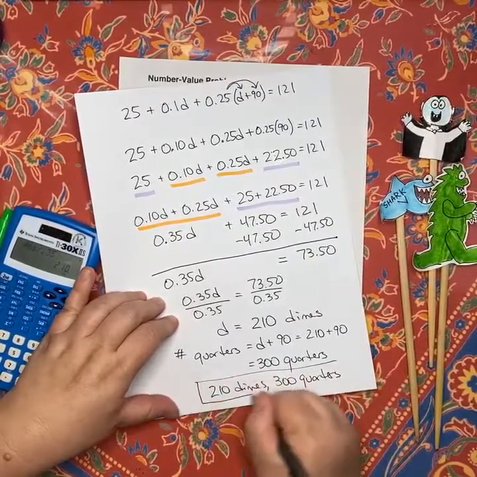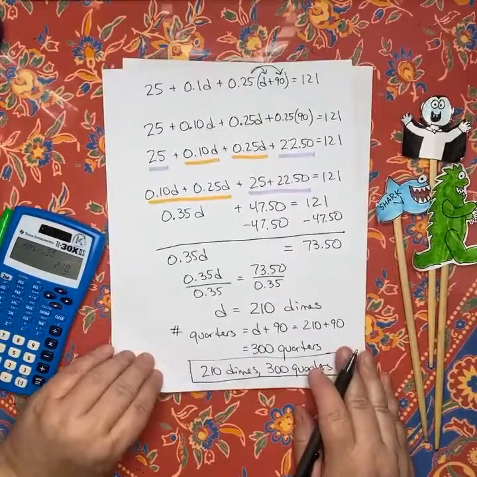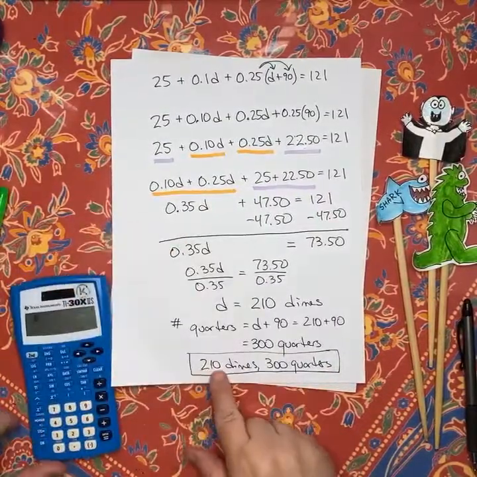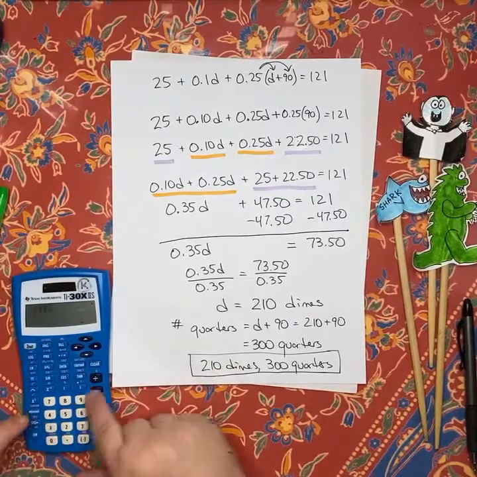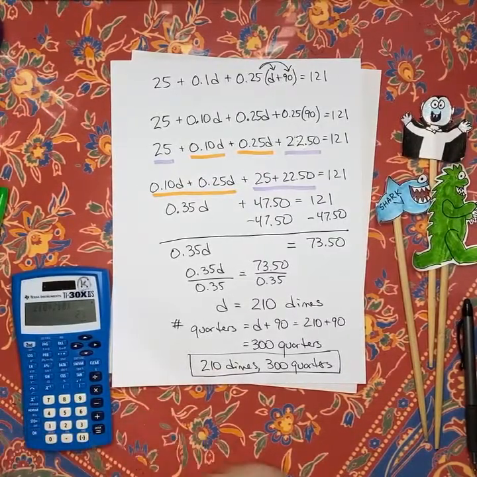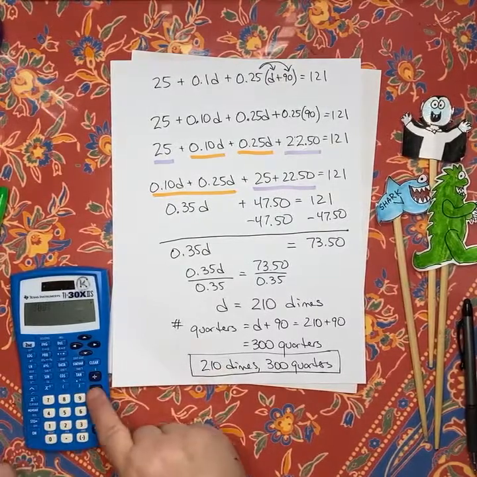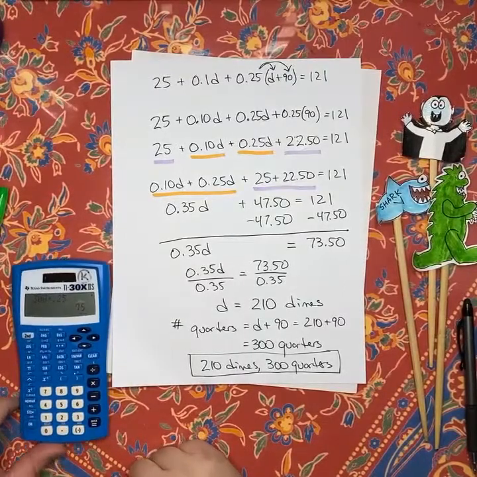Now here's the thing. With this one, unlike the chemistry ones, this one's pretty straightforward to check. Let's go ahead and check it. So 210 dimes, 210 times 0.10, that's $21. 300 quarters, 300 times 0.25, that's $75.